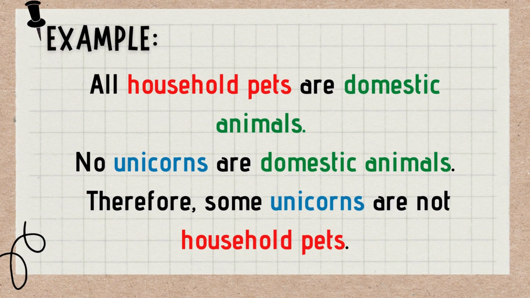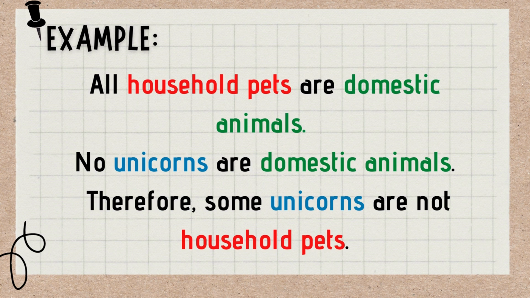So let's check an example to understand better. All household pets are domestic animals. No unicorns are domestic animals. Therefore, some unicorns are not household pets. All household pets are domestic animals belongs to the A type, which is universal affirmative. So we have one universal in premise one. No unicorns are domestic animals belongs to the E type, which is universal negative. So we have two universal premises.